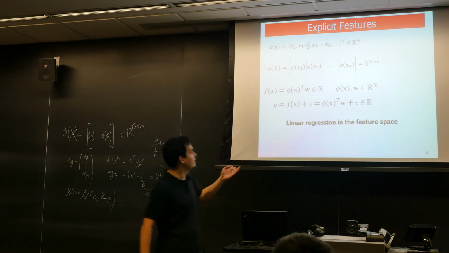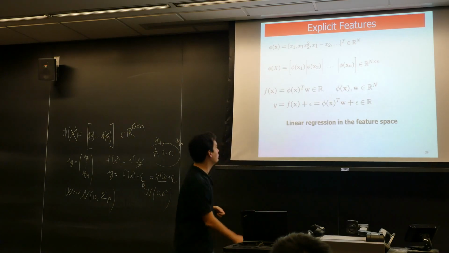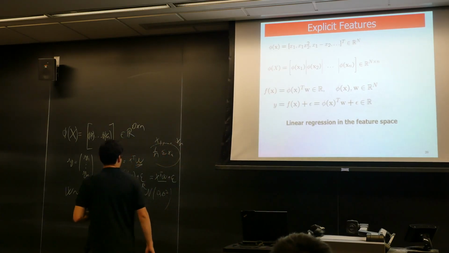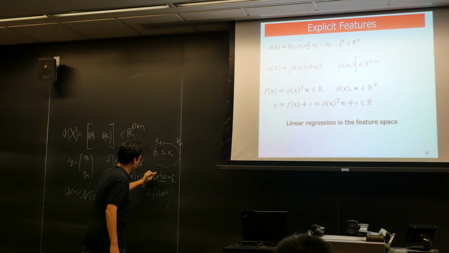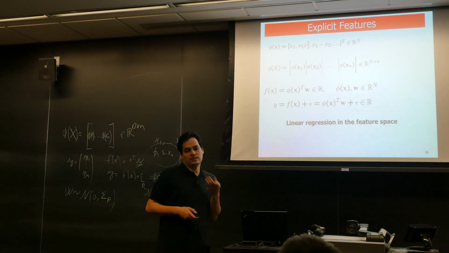Then my new prediction, instead of x transpose w, will be phi of x transpose w. Basically, whenever I had x, I just replace it with phi of x.